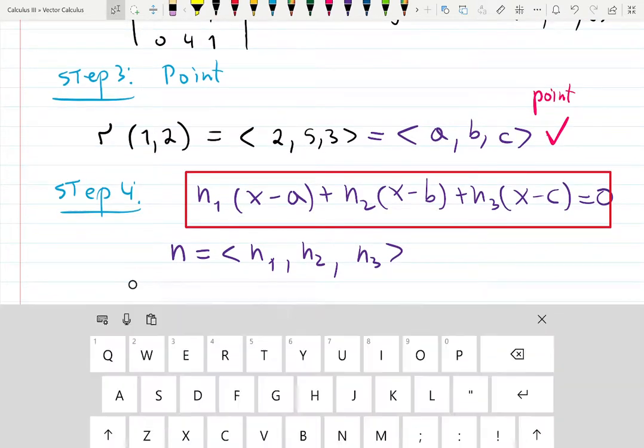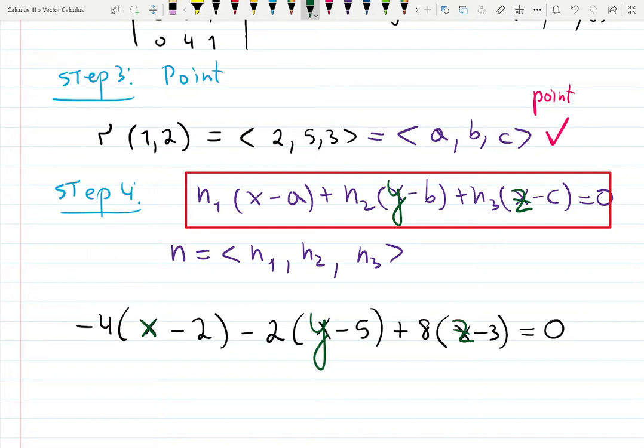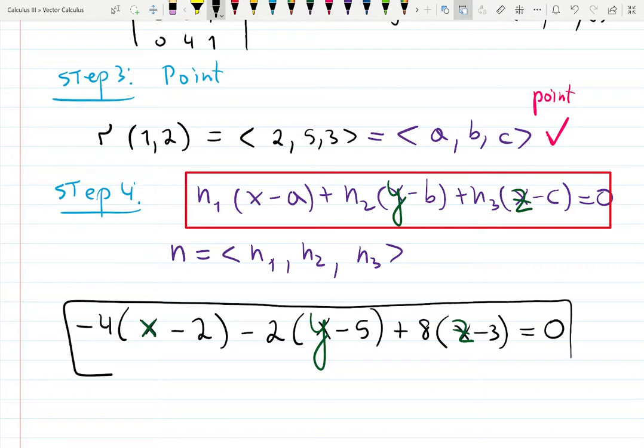That's the mistake. Did you catch the mistake? Three variables should have three variables. y and z. x, y, z. Yeah, fix that. As you can see, we don't need to have a unit normal vector, so just a normal vector is good. And that is the answer. Put it in the box.